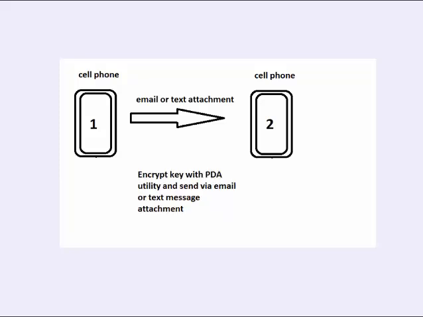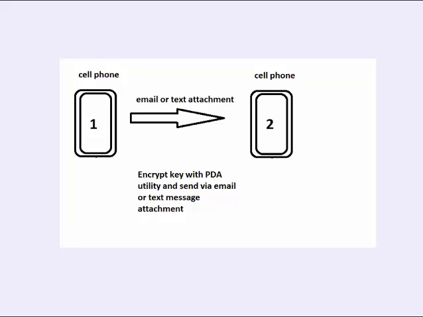Another method of sending keys in a secure fashion is to encrypt the key with the software Public Data Application Utility, or PDA, and you can send that key via email or as a text message attachment.